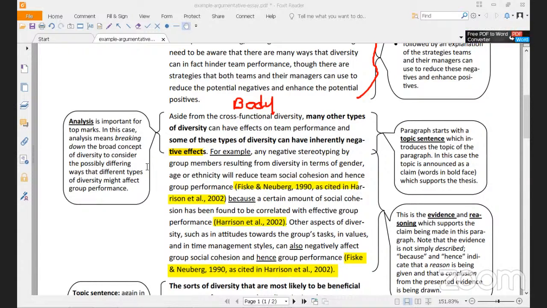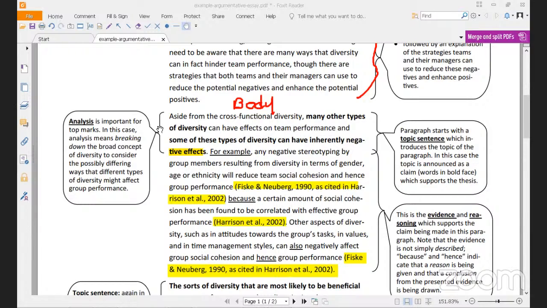Now remember yesterday we did an analysis of the whole essay. In this case, we're doing a sub-analysis in the beginning of each paragraph, especially from the body. Analysis is important for the top marks. In this case, analysis means breaking down.